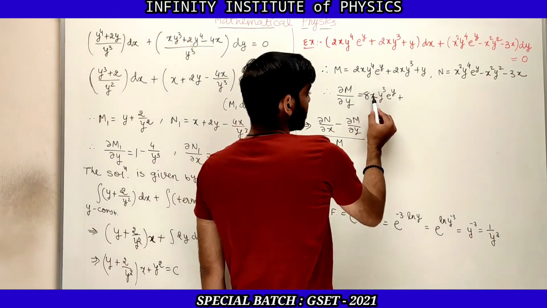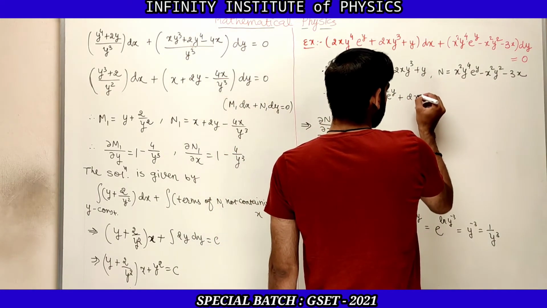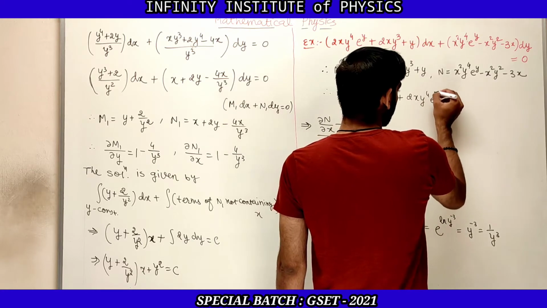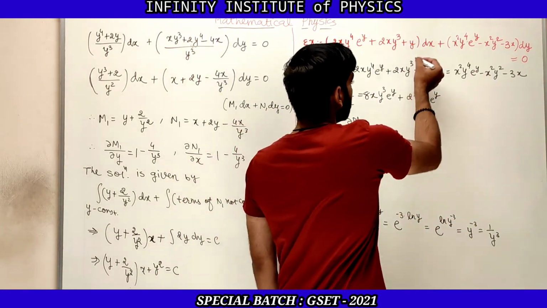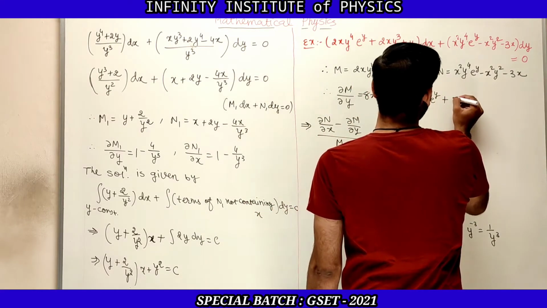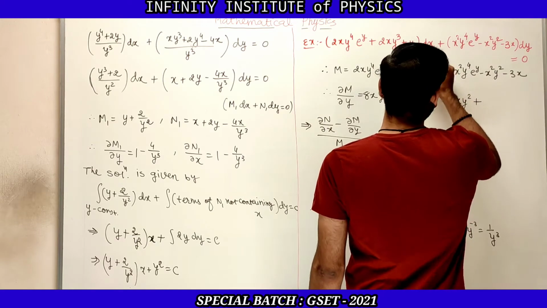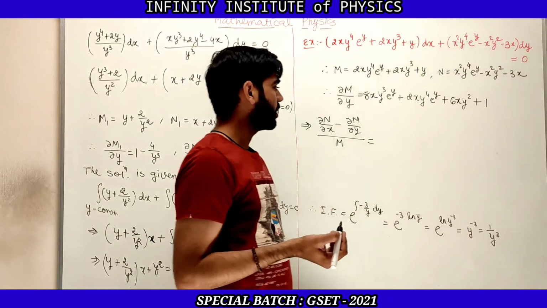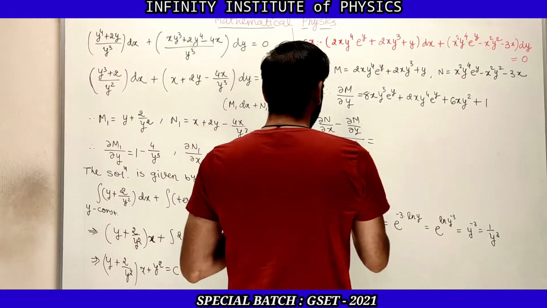So first it is 8xy cube plus y cube into e raised to y, and now 2xy raised to 4 e raised to y, where the differentiation of e raised to y is e raised to y. Now for the second term it will be 6xy square, and the differentiation of y is 1. So this is the value of del M by del y.